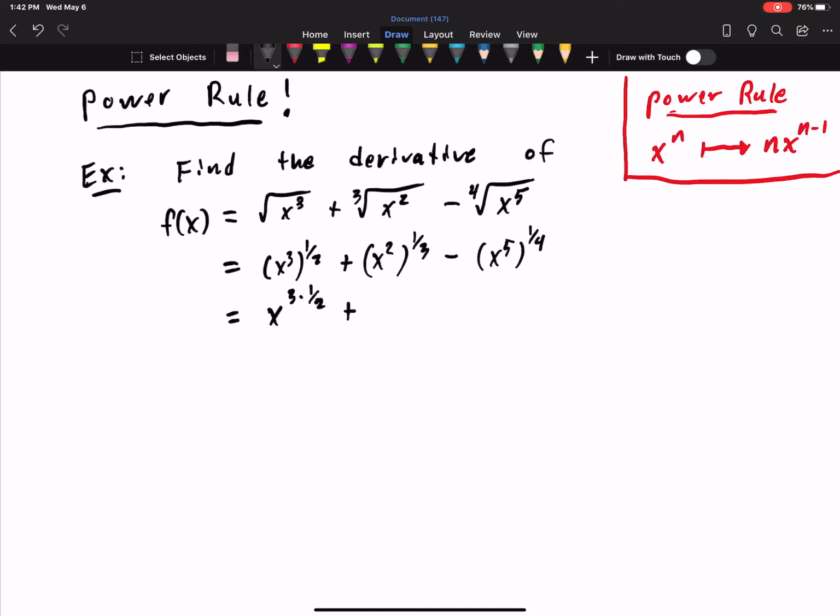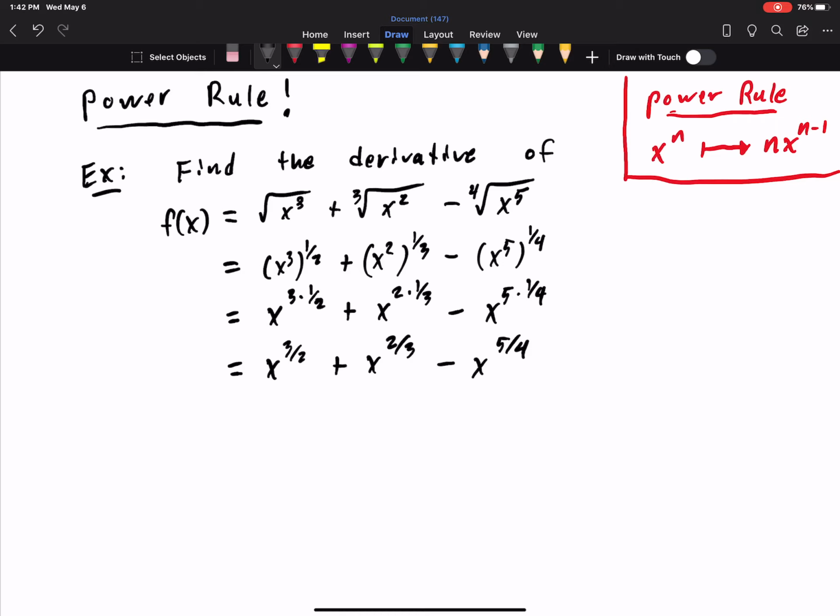Similarly, for the second term, you have x to the 2 times 1/3 power minus x to the 5 times 1/4 power. Okay, simplifying that, just using your fraction rules, this gives you x to the 3/2 plus x to the 2/3 minus x to the 5/4. Just fraction rules, that's all we did there.